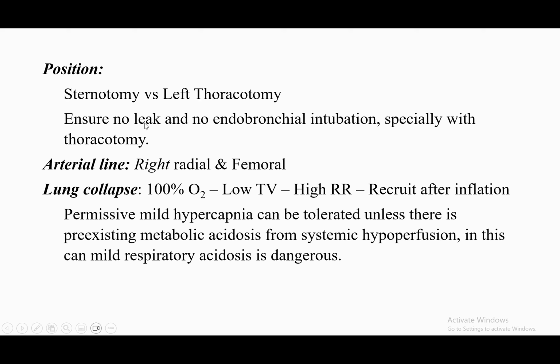So we should make sure after intubation and after positioning in the lateral decubitus position that the endotracheal tube is in the trachea and that the air entry is bilaterally equal.